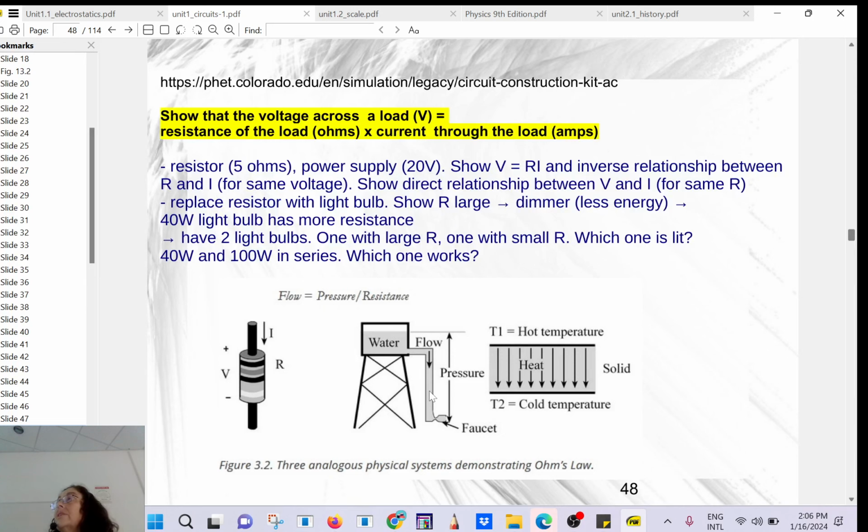So there is a linear relationship between how fast the water is flowing and the pressure of the water. Is that clear? For a given size of the pipe, you can control the amount of water flowing by changing the size of the pipe.